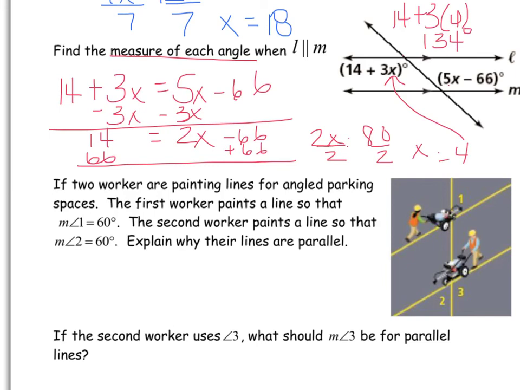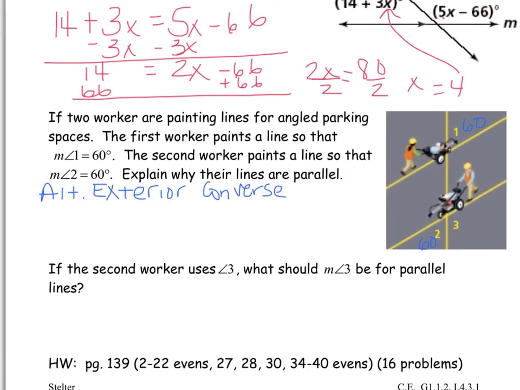Well, hopefully, based on everything we just did, if this is 60 and this is 60, those are alternate exterior angles. So the converse of alternate exterior angles says if you have alternate exterior angles that are shown to be congruent, then the lines creating them must be parallel. So you would say alternate exterior angles converse is the reason why they're definitely parallel.